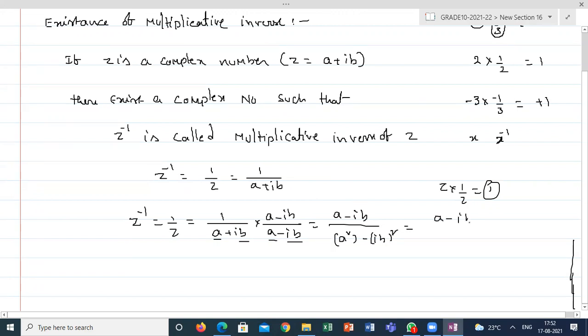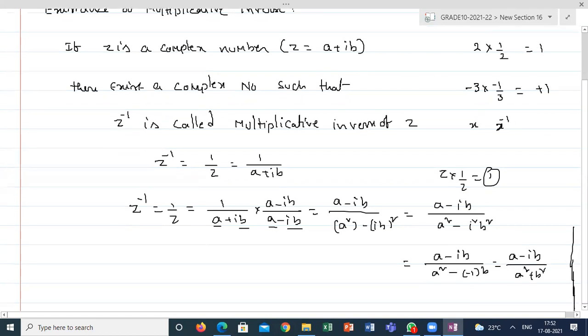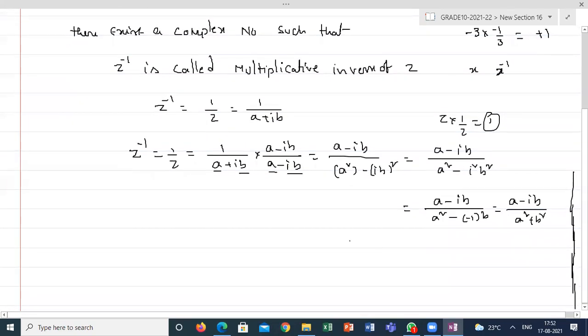So a minus ib divided by a square minus i square b square. We know i square is minus 1. So a minus ib by a square plus b square. If I separate the real part and imaginary part, a by a square plus b square plus i into minus b by a square plus b square is the z inverse.